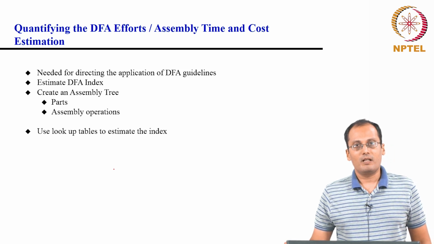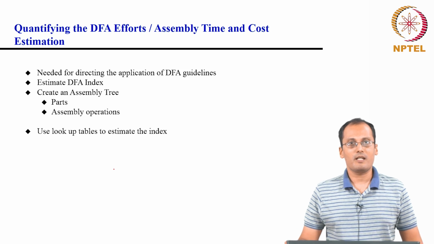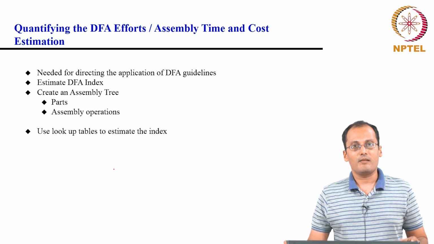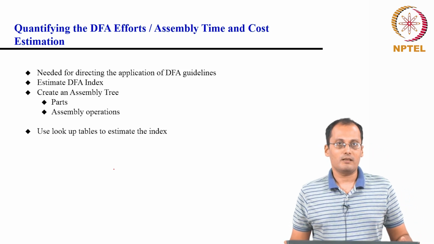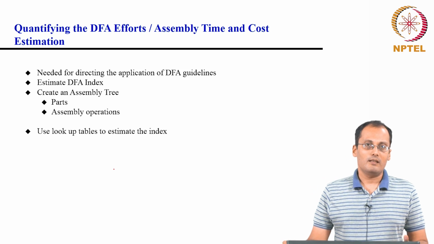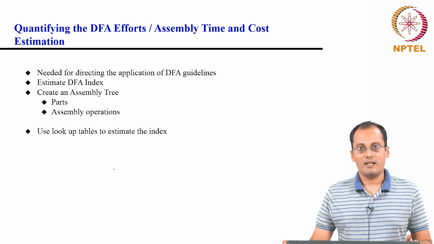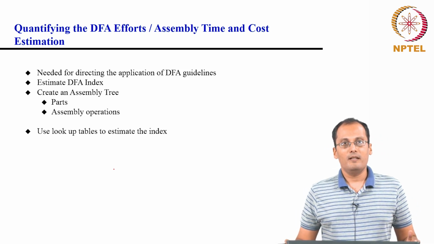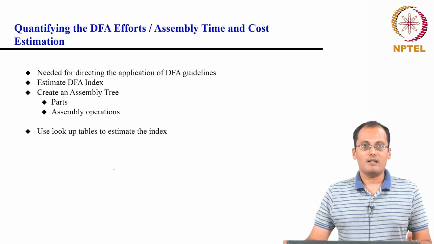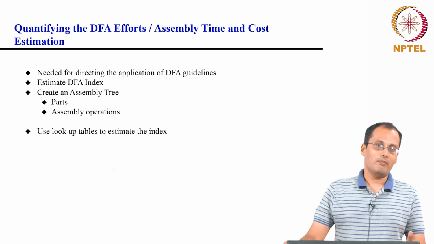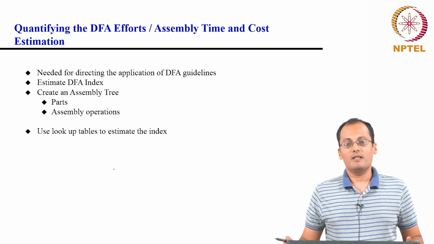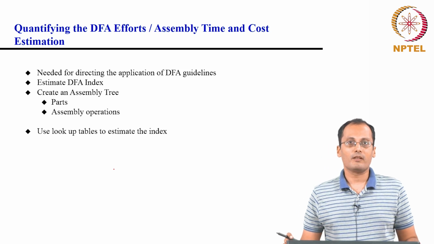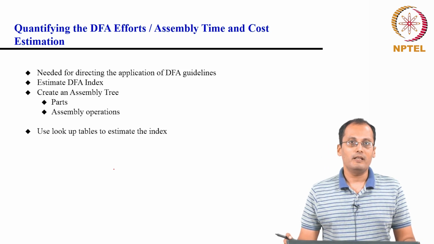Then we can use some lookup tables or charts which can help in assigning the assembly time associated with each of the operations. So, these times are obtained using work time studies on a statistical basis on a number of experiments. The average time required to do a particular type of operation, let us say 2 components need to be snap fitted or 2 components need to be assembled using a bolt and a nut, or they need to be riveted.